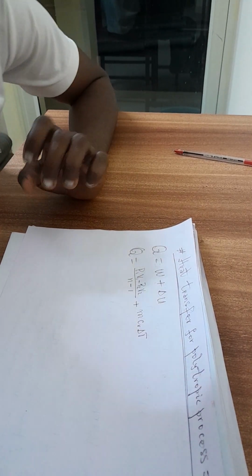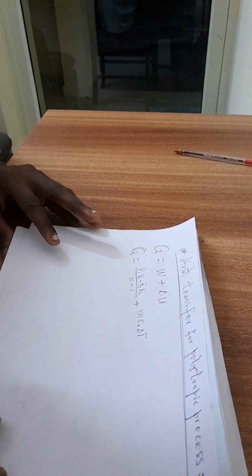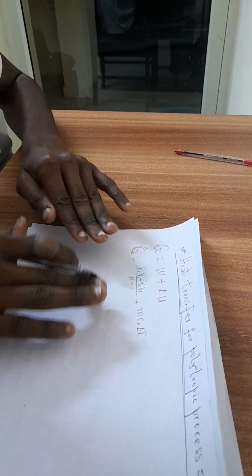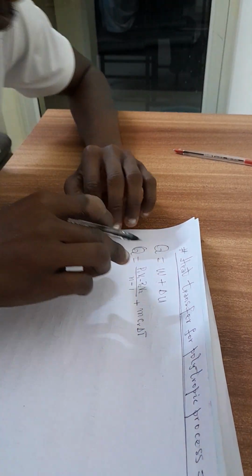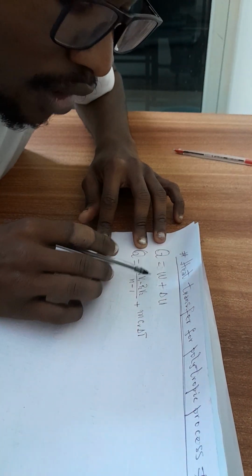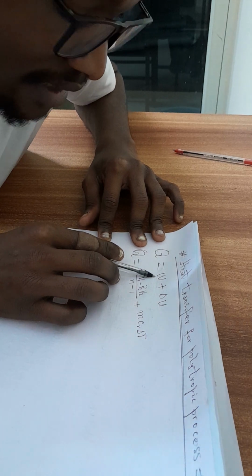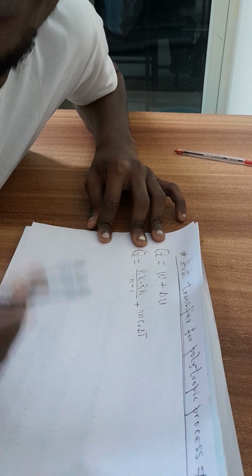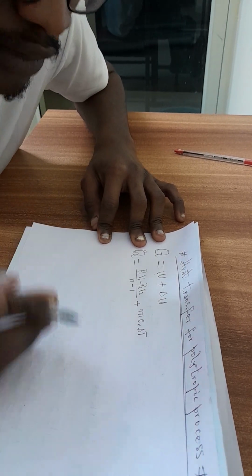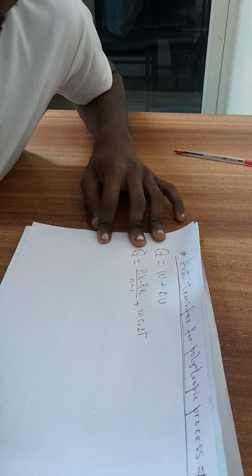The most important thing to grab is that work done for a polytropic process can be expressed like this, and heat transfer can be expressed in terms of work done or in terms of internal energy.